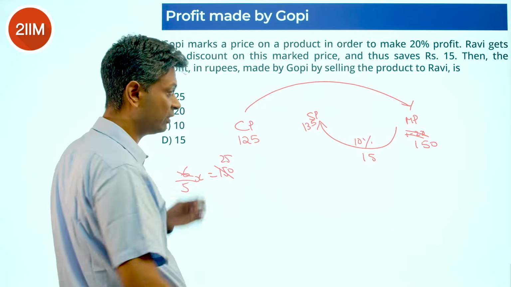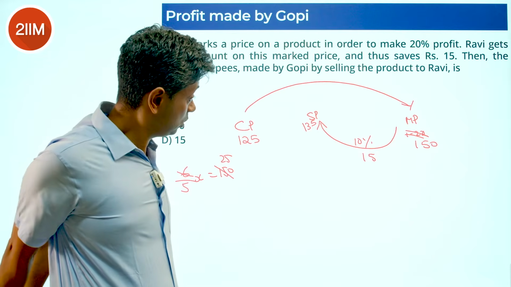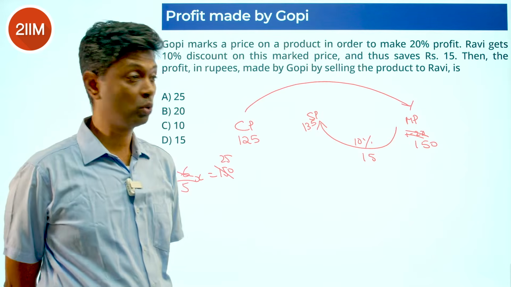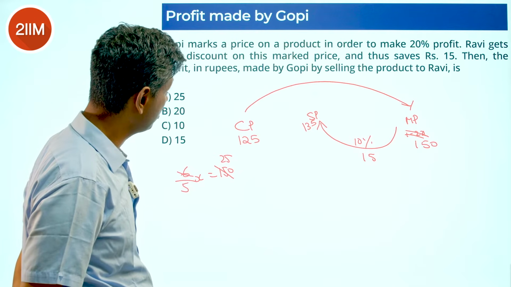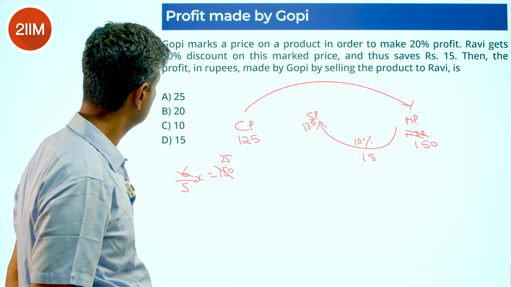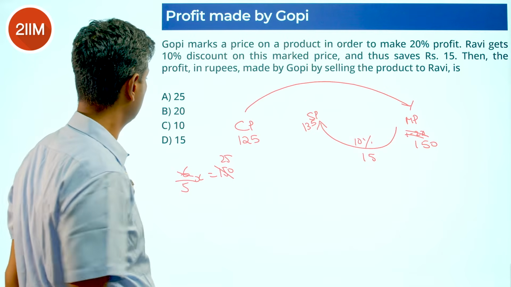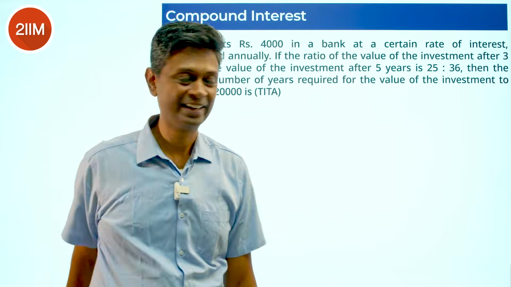Cost price is 125, marked up to 150, discount of 10%, coming up to 15 discount, sold off at 135. Nice. Then the profit in rupees made by Gopi by selling the product to Ravi is 125 to 135, 10 rupees. Done. I thought there would be one more step.